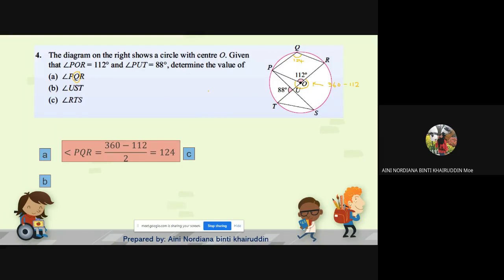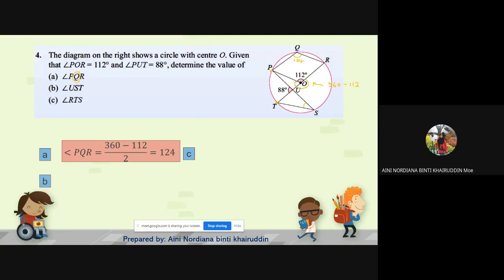Next, angle UST. So we want to calculate this angle. Okay, this angle from arc PT. So first you need to calculate this angle. Wait, I use different color, it's easy for you to see.